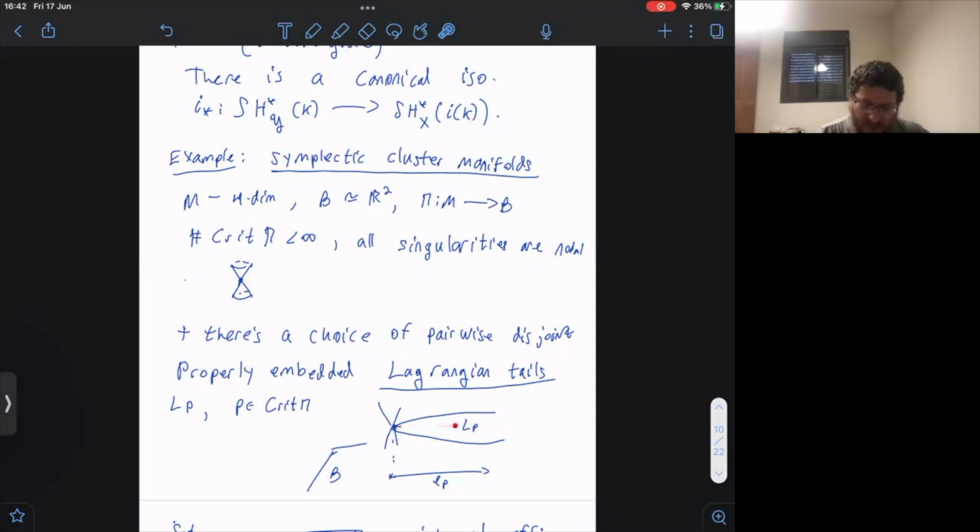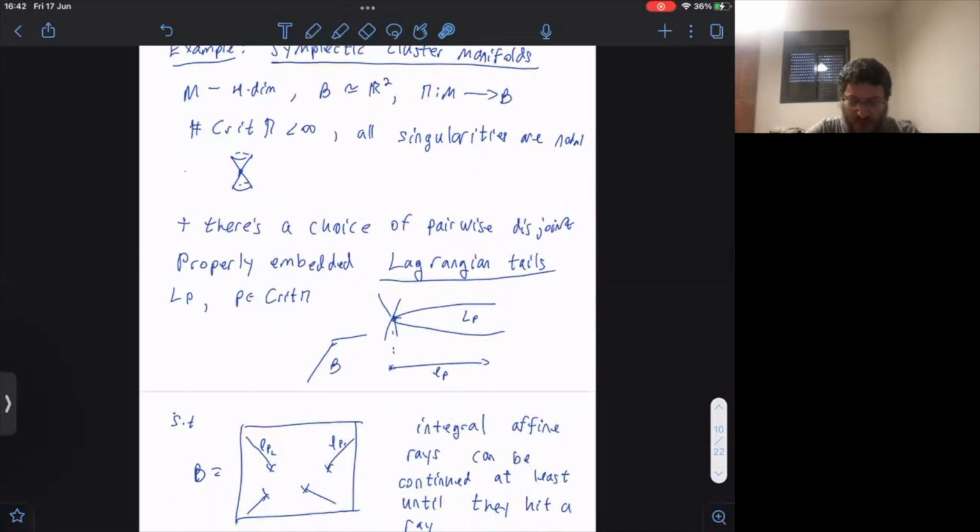And we require that this is properly embedded, and that we make a choice for each of the singularities so that they are pairwise disjoint. So you consider a 4-dimensional manifold with the Lagrangian torus fibration, a finite number of critical points, and from each one there emanates some properly embedded Lagrangian disk, and they're pairwise disjoint.